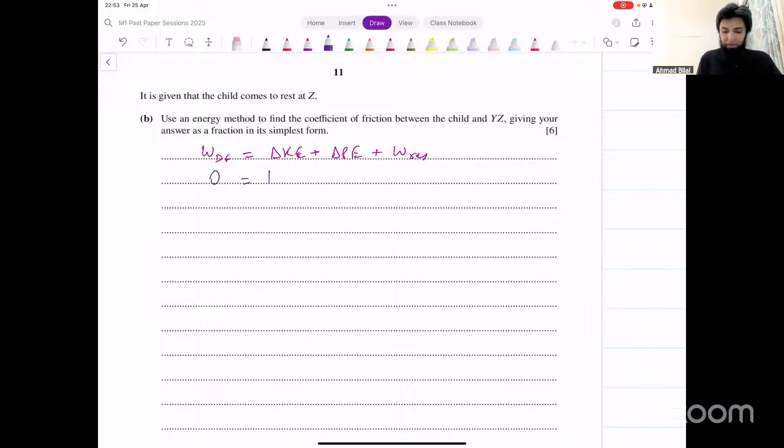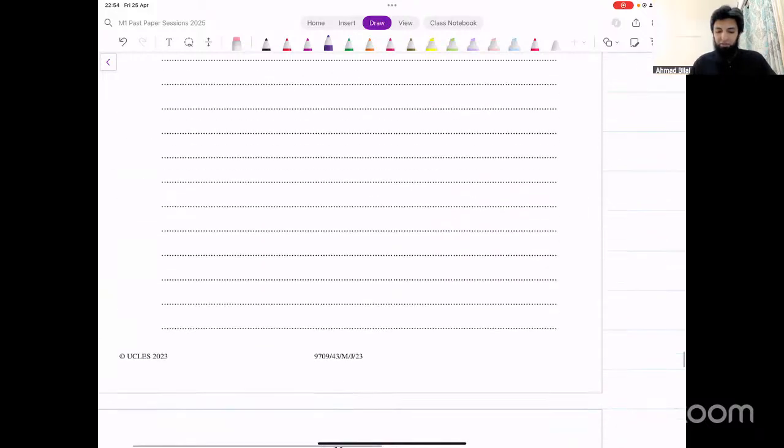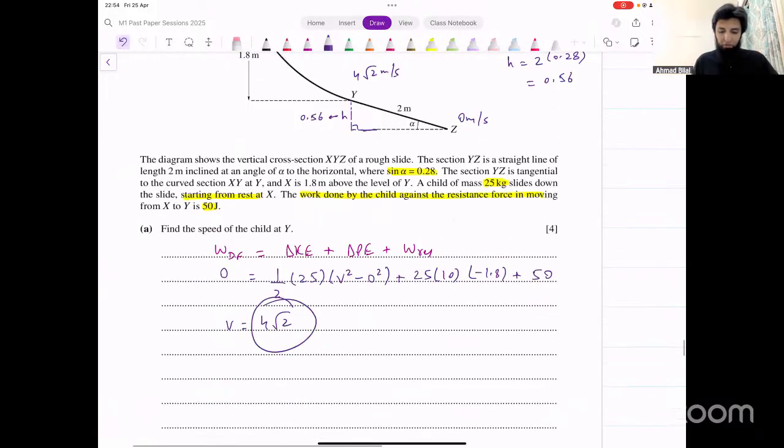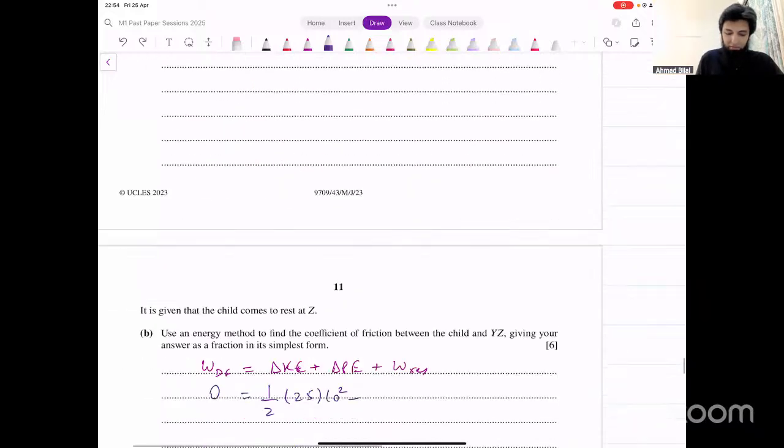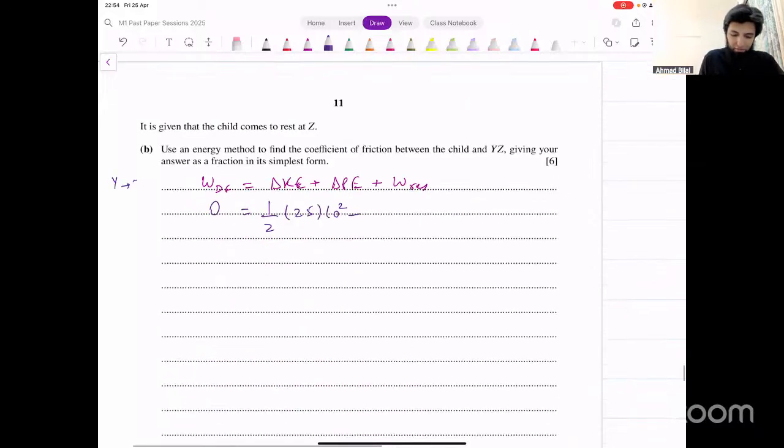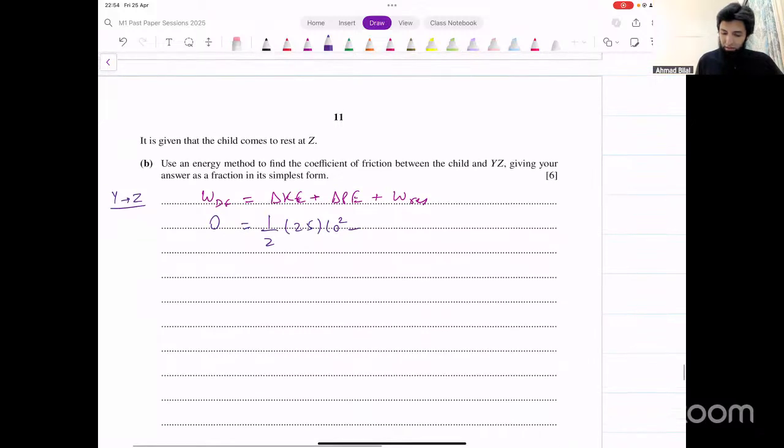Change in kinetic energy: half into m, which was 25, into final speed 0 squared minus the initial speed, that was 4 under root 2, squared. We're considering this part of the journey from Y to Z.